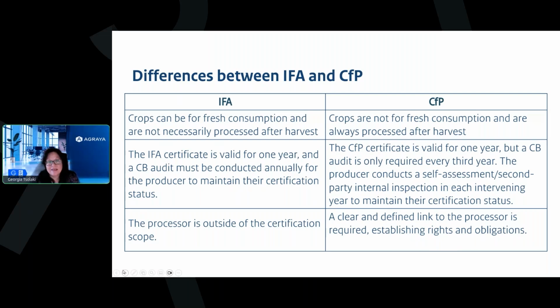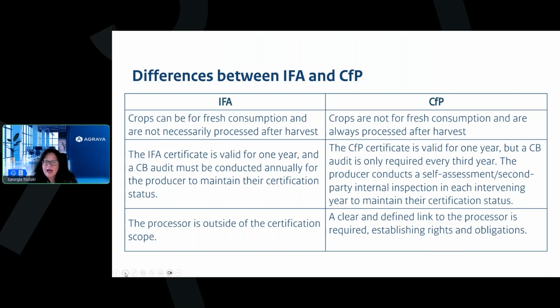But CFP, the crops for processing solution, is only for crops that will never be consumed as fresh, and they are always processed after harvest.